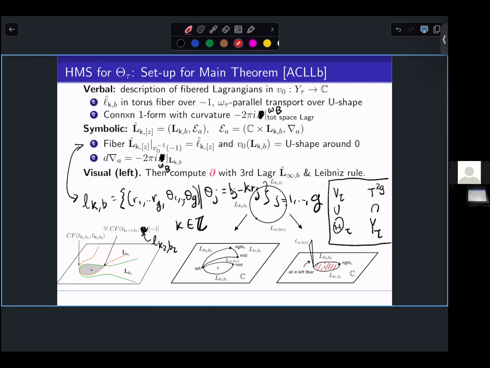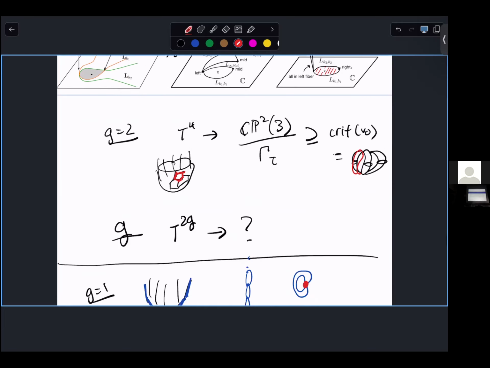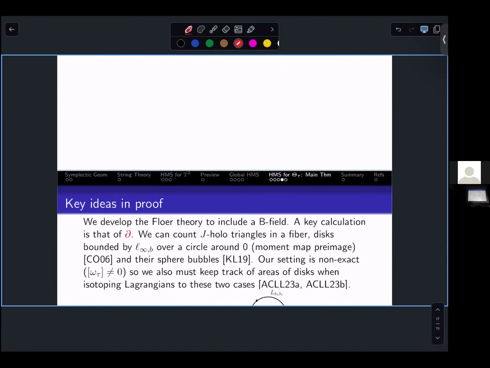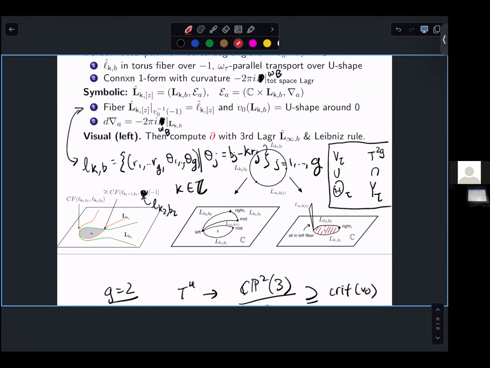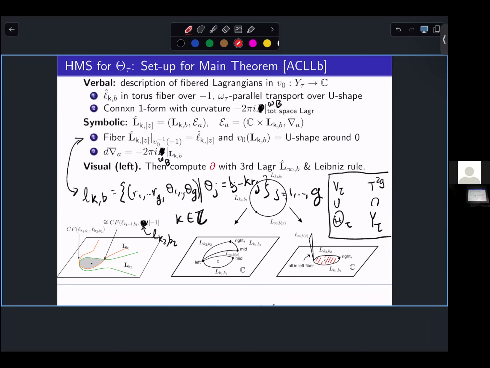So there are degenerations of a disk with 3 points as two of the points come together. This is one possible thing that can happen. You have triangles. If you introduce a third Lagrangian here, there's an intersection point here, which I call mid.